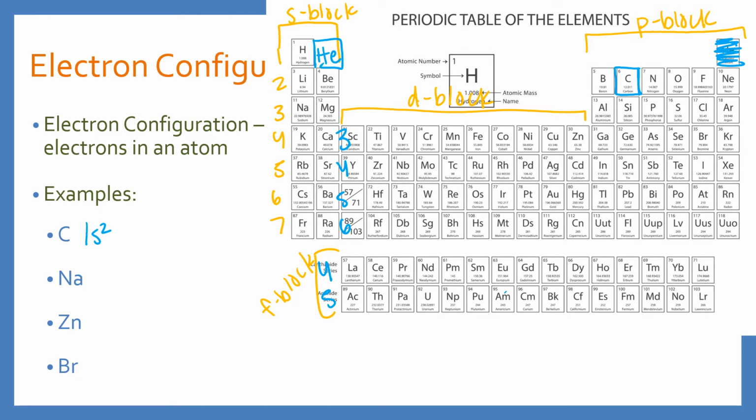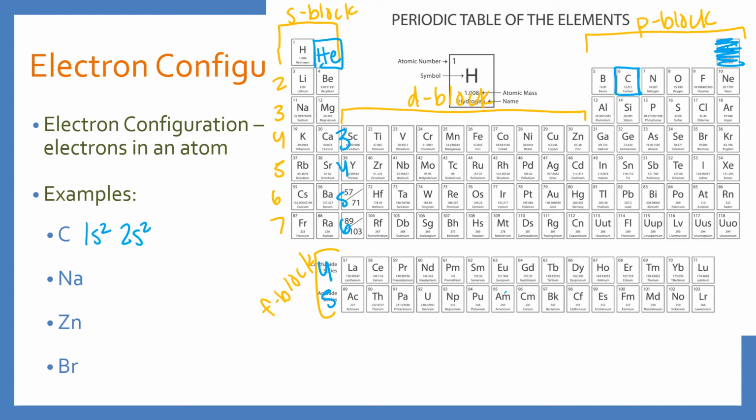Now we have to go down to the next row. We have the 2s orbital, and since lithium and beryllium are both before carbon, we know that we're going to have a full 2s shell. So we have 2s2. So there are 2 electrons living in the 2s orbitals.